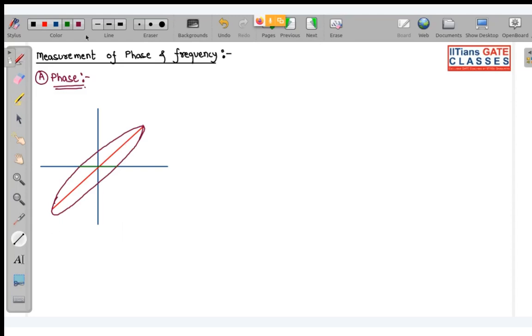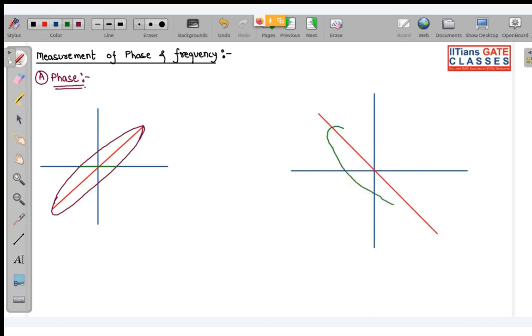Or you might even get an ellipse that looks like this. Okay, you might get even like this.